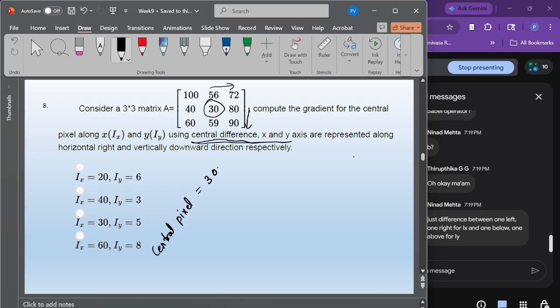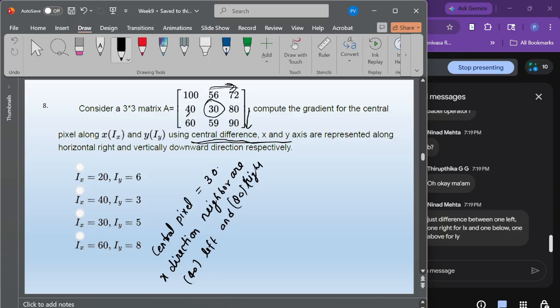Now in the x-axis, in this direction, what are the left and right neighbors of the central pixel? In the x direction, the neighbors are 40 on the left and 80 on the right.